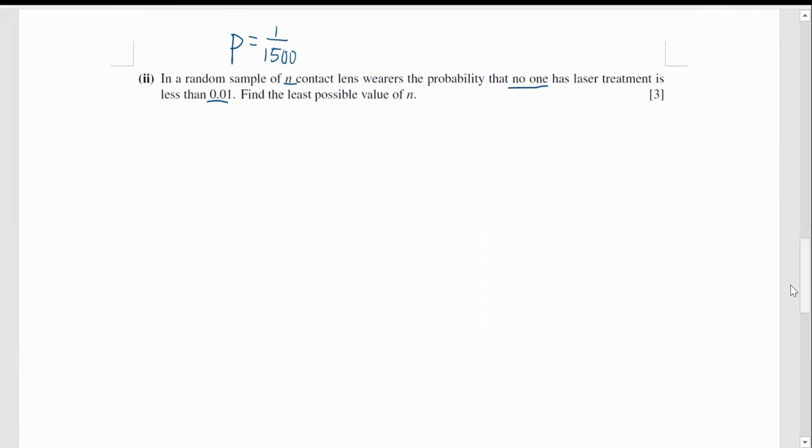Find the least possible value of n. Similar to part 1, we are looking at the number of wearers, which is a binomial distribution with n independent trials, the number of people who wear contact lenses, and the probability that they will have laser treatment is 1 over 1005. We are using the Poisson approximation here, with mean np, that is n over 1005.